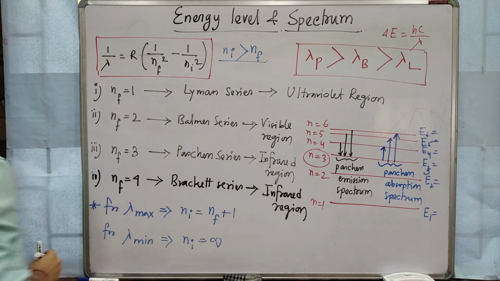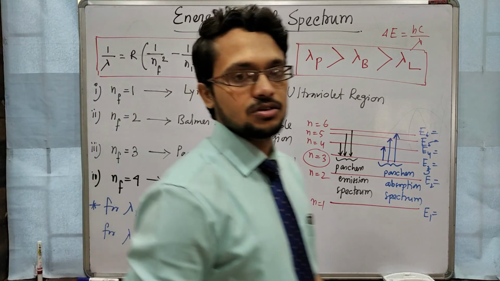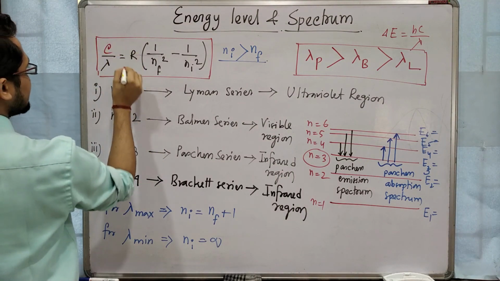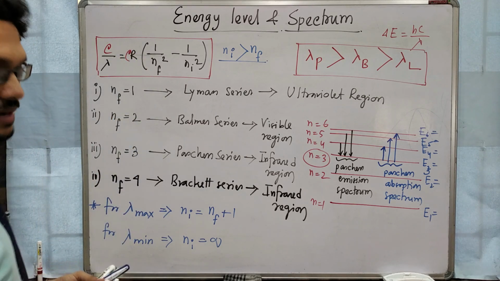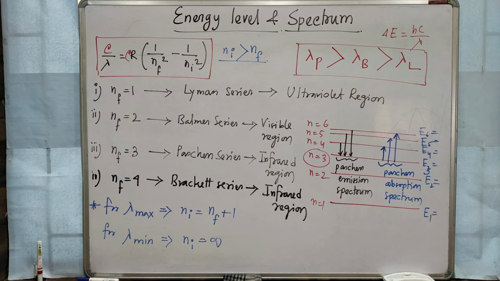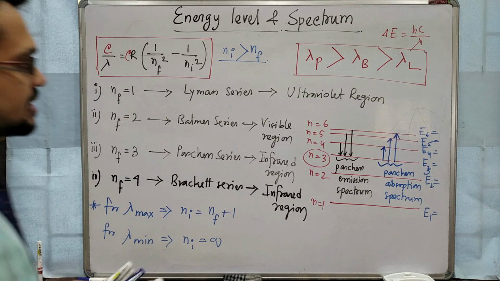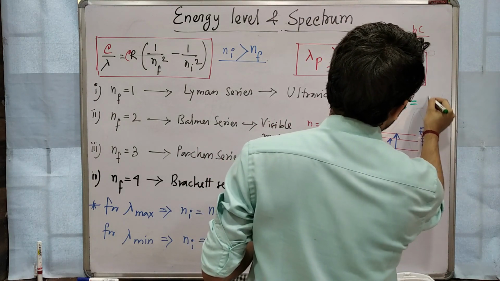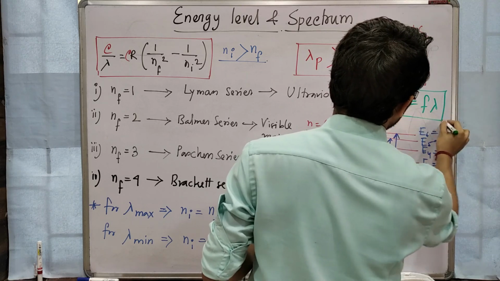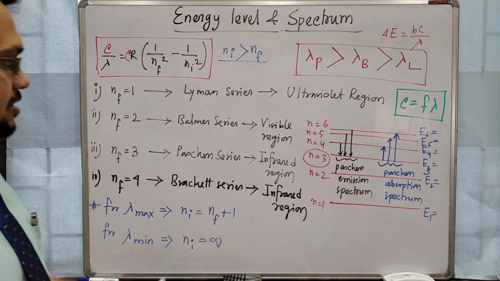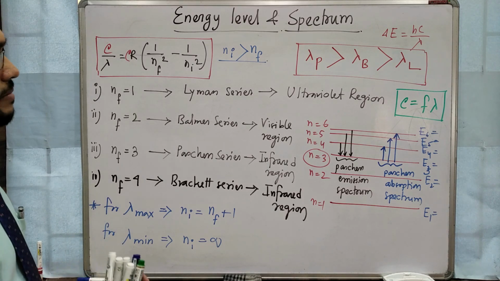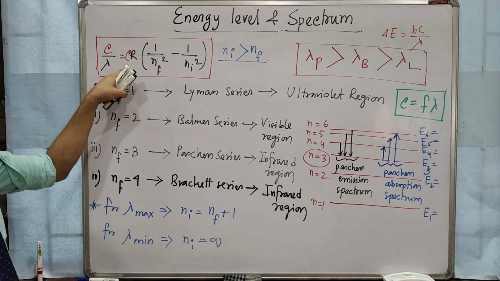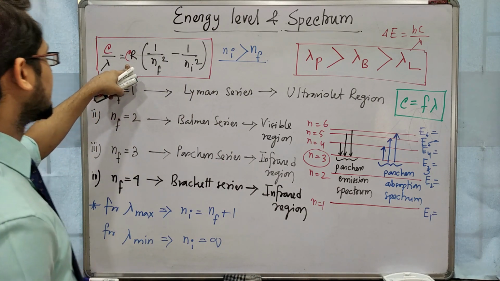Just at the end, frequency f equals c by lambda, so c equals f lambda. c is the speed of light; they are all electromagnetic waves, so in vacuum or free space their speed is 3 into 10 to the power 8 meter per second.